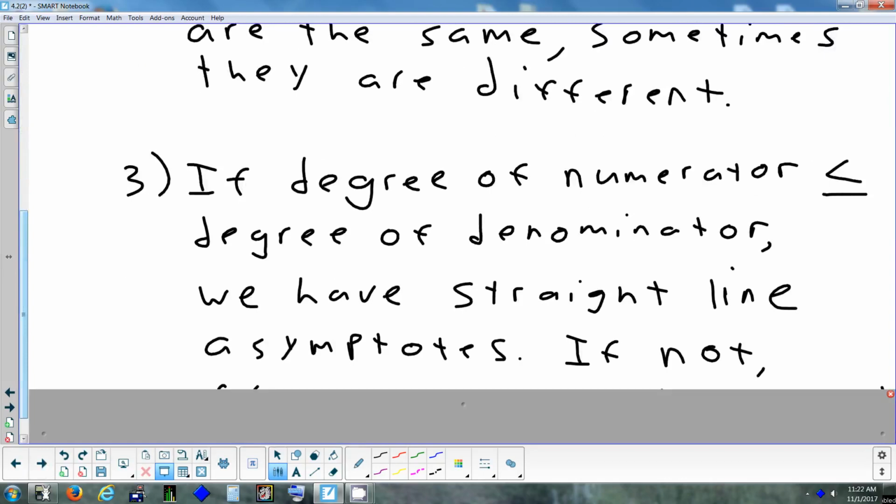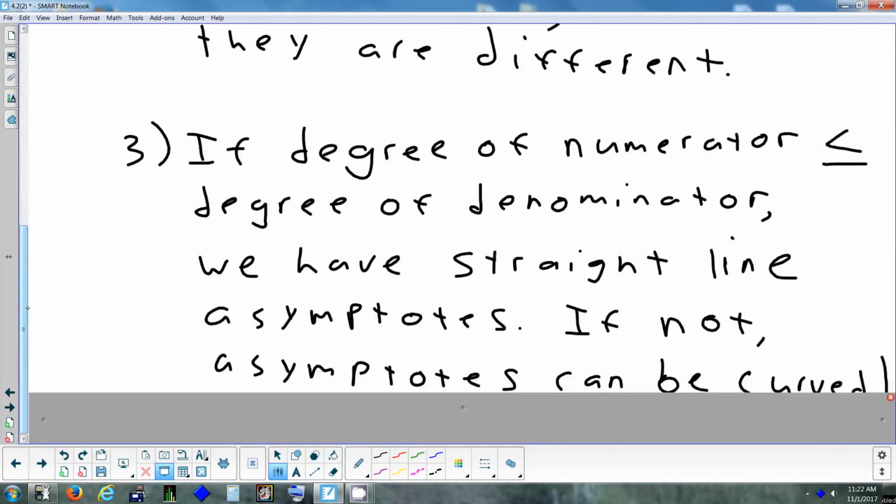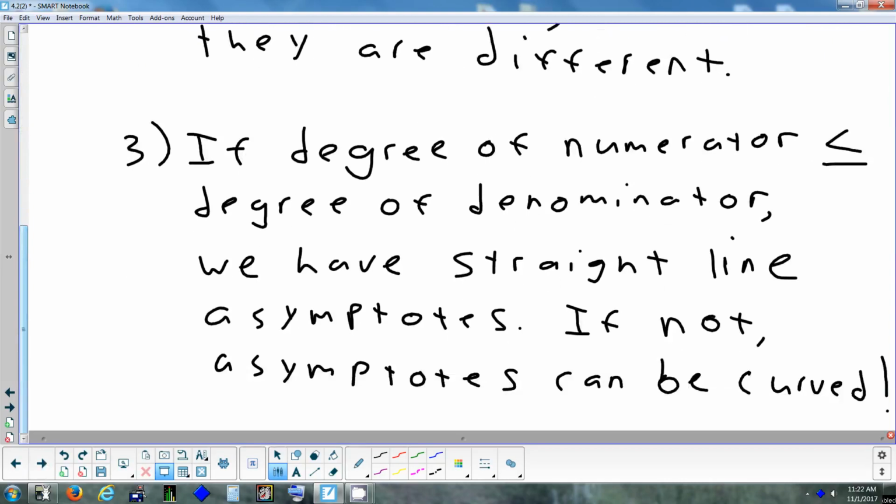You can get asymptotes that are on a slant. That's like the next step up in difficulty, slanted asymptotes. And then even another step up from that is curved. Like the last problem we just did, that's curved. It was in the shape of a parabola.